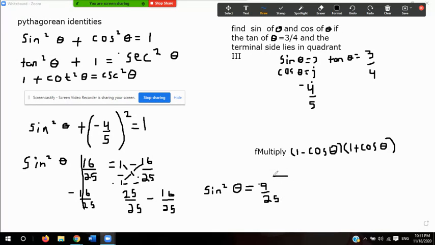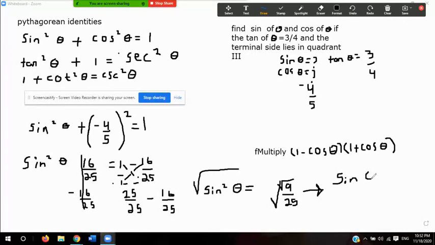We're going to find the square root of 9 over 25, and of course the sine squared, and that would be the sine of theta equals plus or minus 3 over 5.